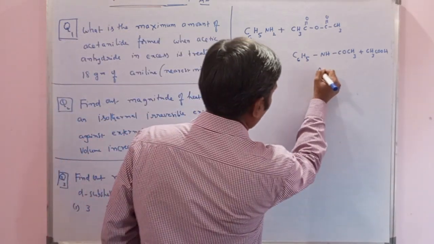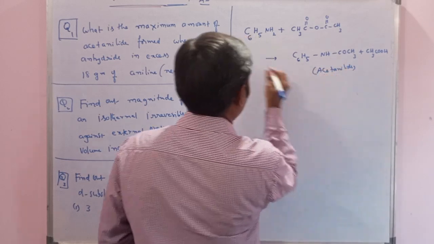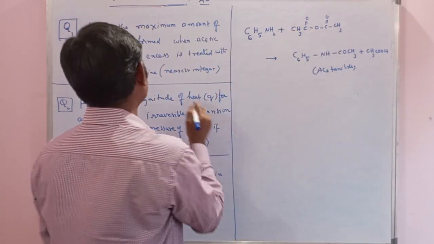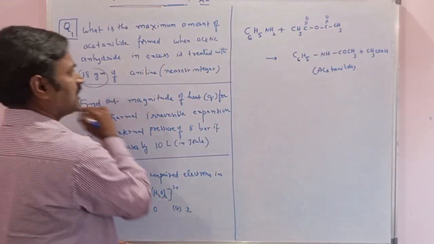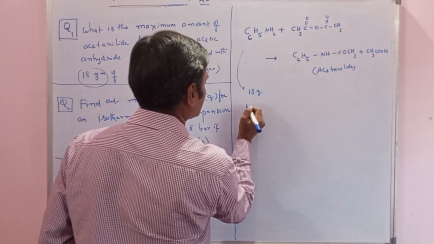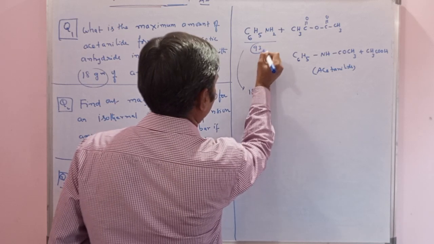So this is what we call acetanilide, and this is aniline, this is acetic anhydride. The point is they have given 18 grams of aniline. Aniline molar mass, if you calculate, will come 93.